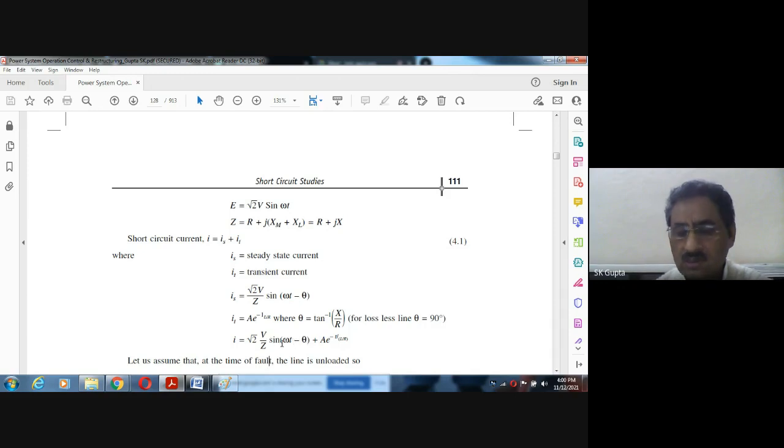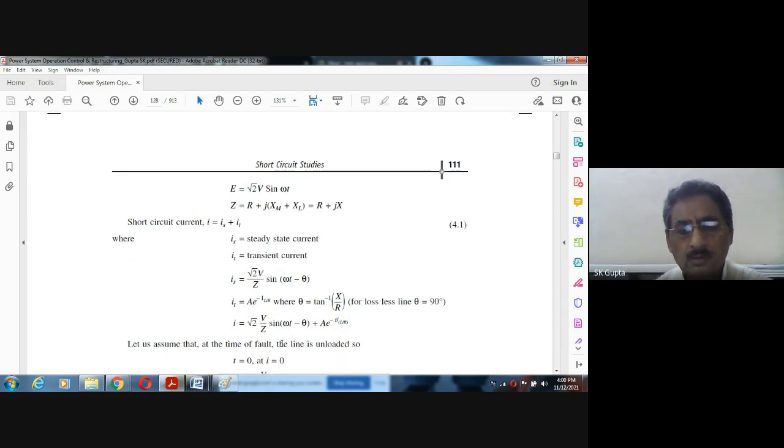So both the currents are there in the system, and now to know what is this A constant, we apply a condition that at t is equal to 0, current is 0. देखिए, in the load flow study, in the short circuit study, we assume that load current is 0. Load current is normal, although load current is not 0.